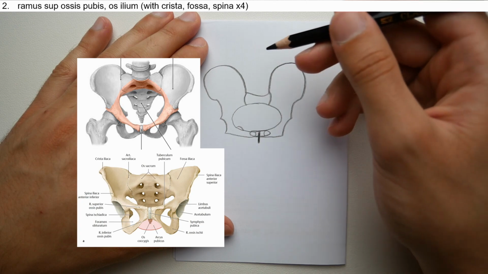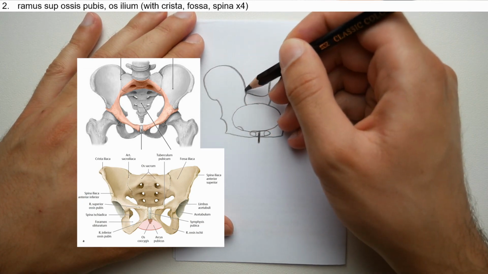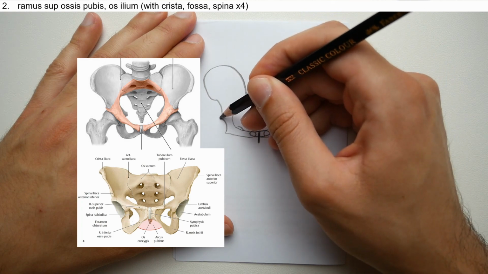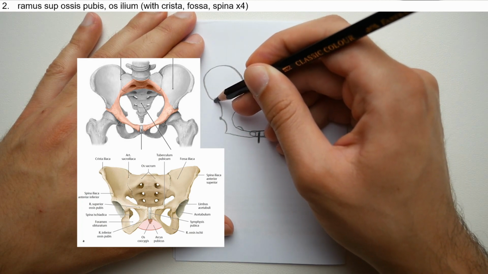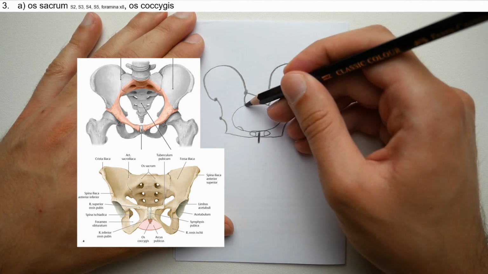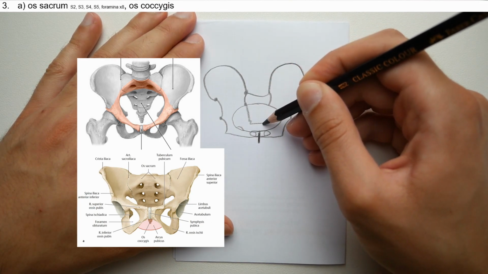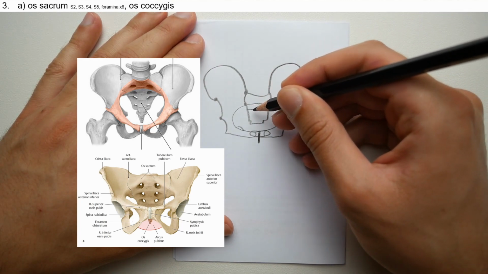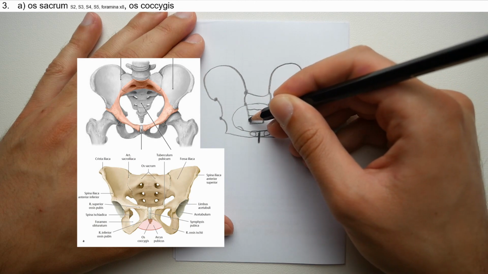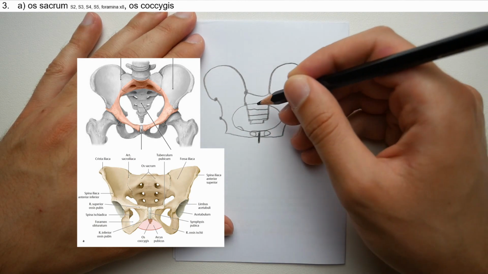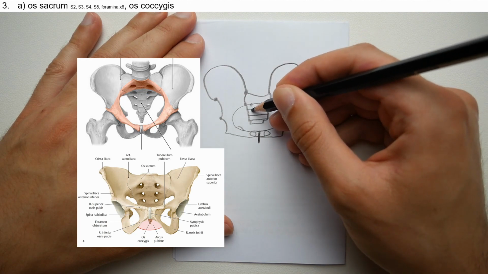From the os ilium, we see the crista iliaca, fossa iliaca, and 4 spinae. From the sacral bone, we draw the second, third, fourth, and fifth sacral vertebra, as well as the 8 foramina.